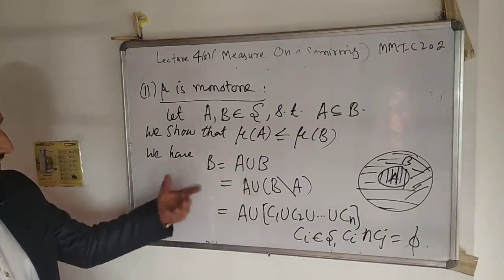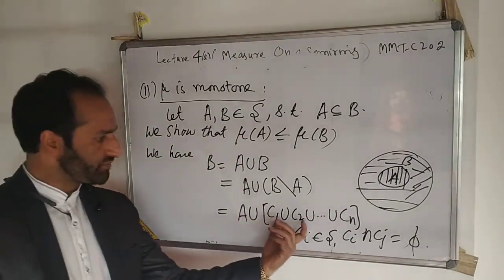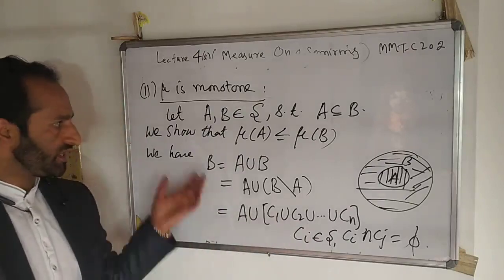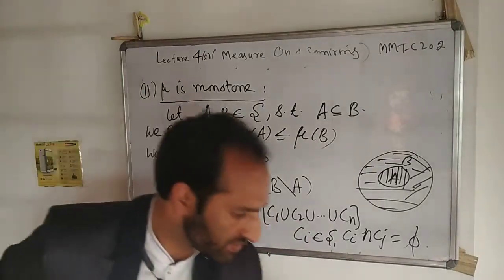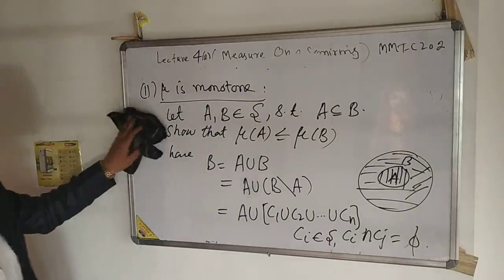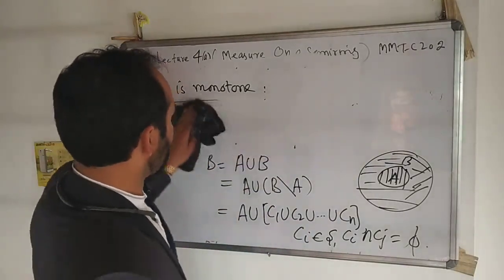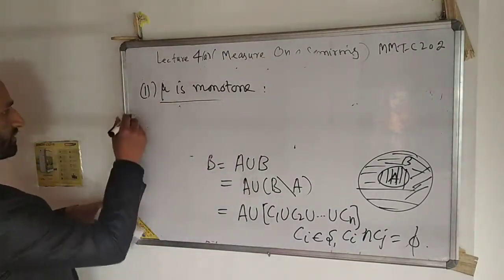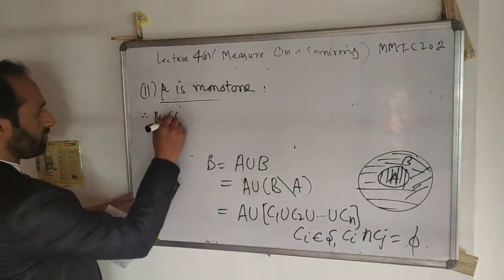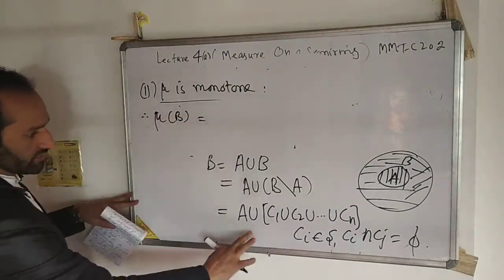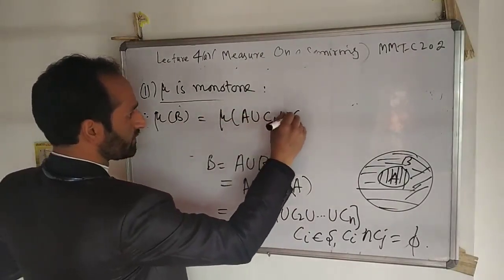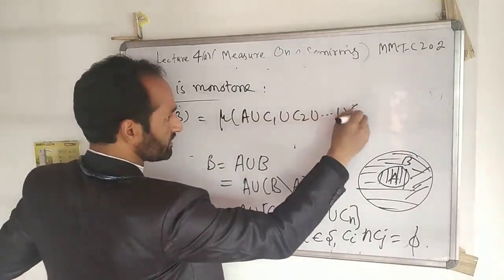So if I want to find the mu of that finite disjoint union, it is equal to the sum of the mu's by part 1, because mu is finite additive. So now we find mu of B. Mu of B is the same as mu of A union C1 union Cn.